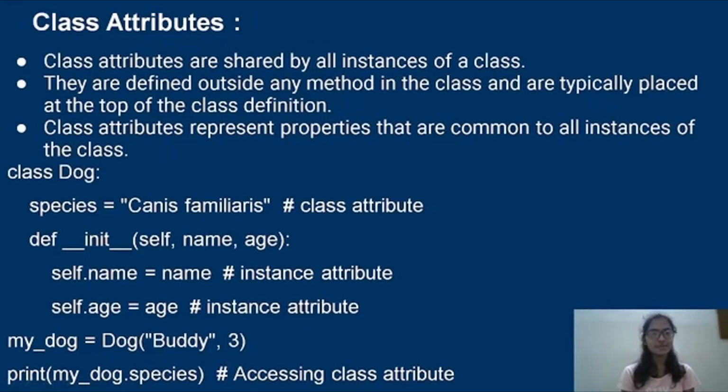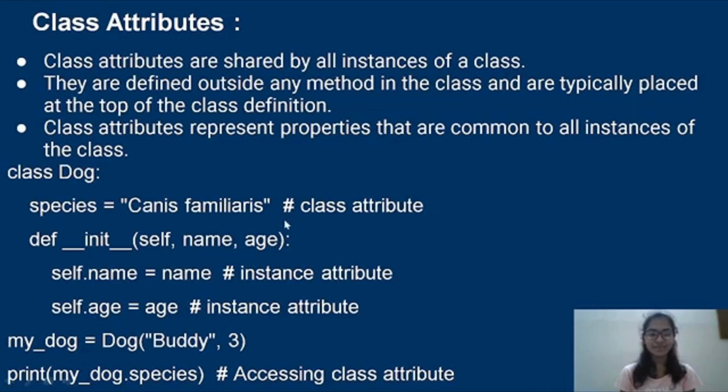Coming to class attributes, they are shared by all instances of a class and are defined outside any method in the class and are typically placed at the top of the class definition. They represent properties that are common to all the instances of the class. Coming to the example, we have defined the class Dog, species Canis familiaris.